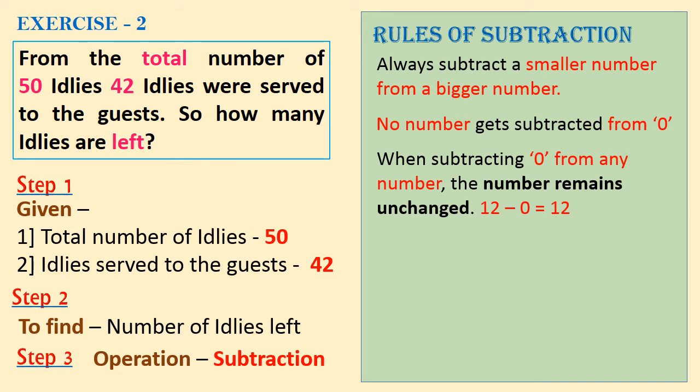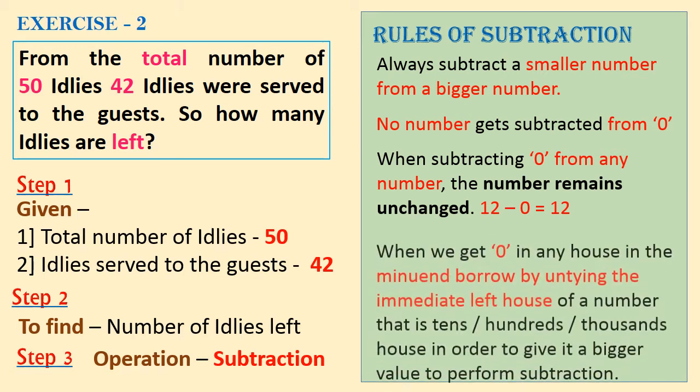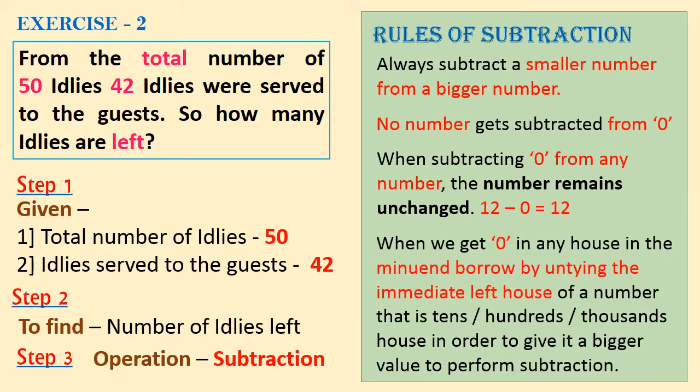That is, 12 minus 0 is 12. When we get 0 in any house in the minuend, borrow by untying the immediate left house of a number, that is tens, hundreds or thousands, in order to give it a bigger value to perform subtraction.